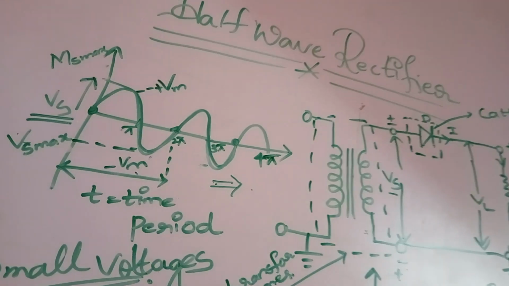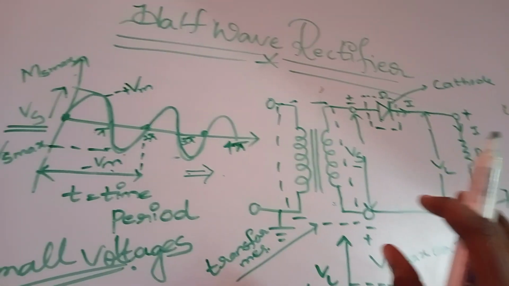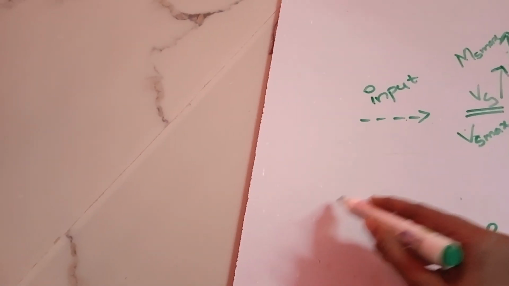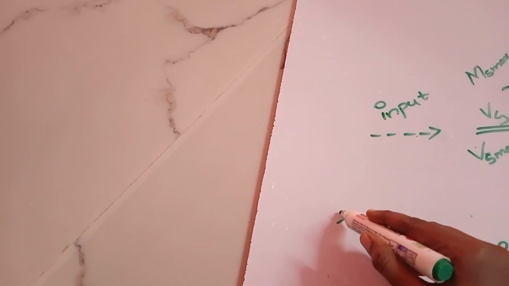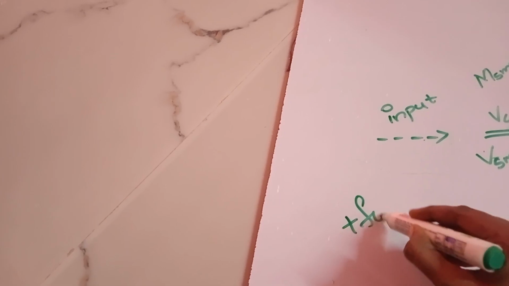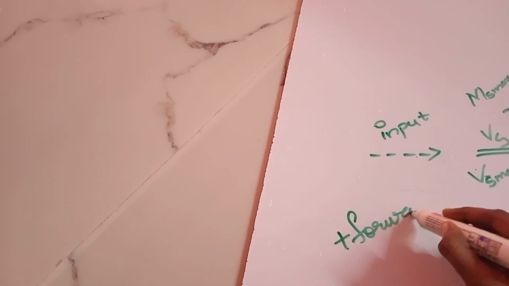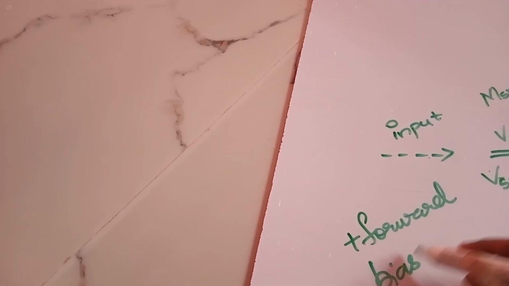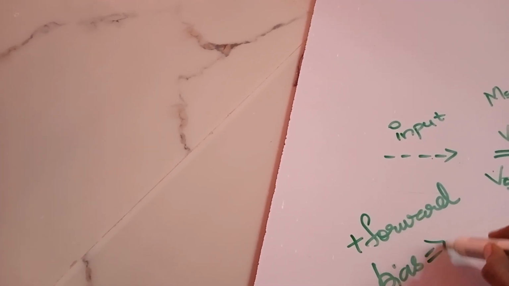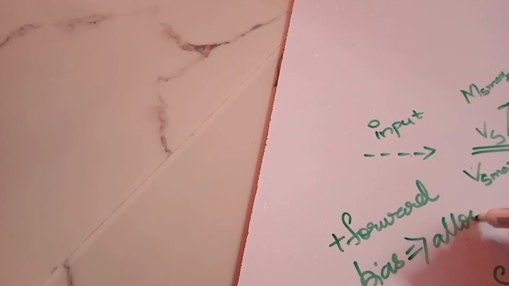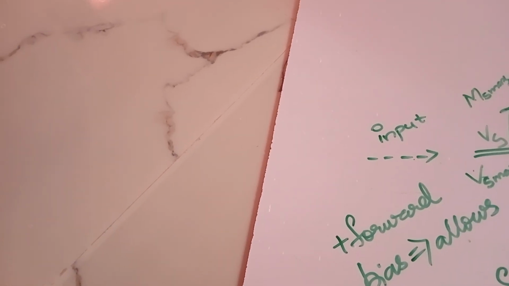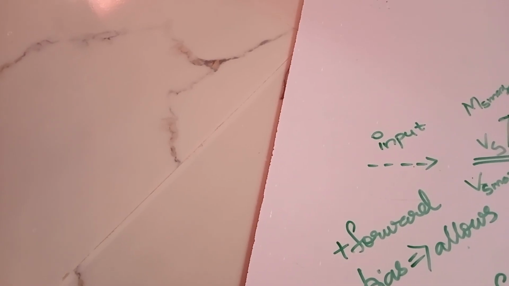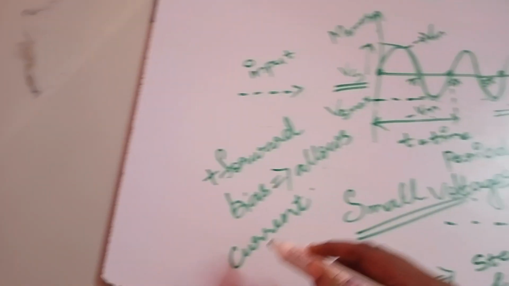See here, we should have a clear idea about that diode. So the diode will allow forward bias current, right?